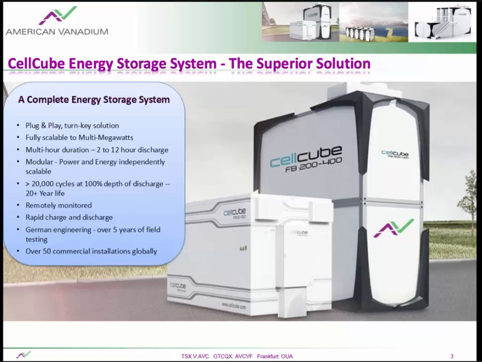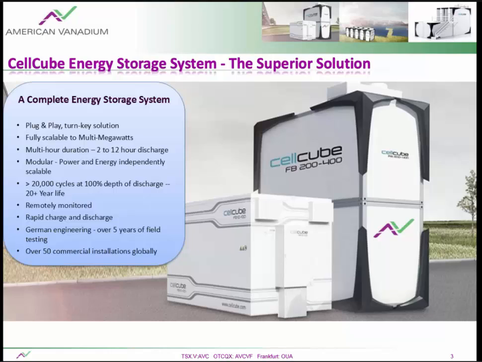CellCube comes in two basic sizes. The system on the left comes in units of 10 kilowatts, 20 kilowatts, or 30 kilowatts, and up to 130 kilowatt hours of storage. On the right is the largest system. It's a 200 kilowatt power unit on the top and a 400 kilowatt hour energy module on the bottom.